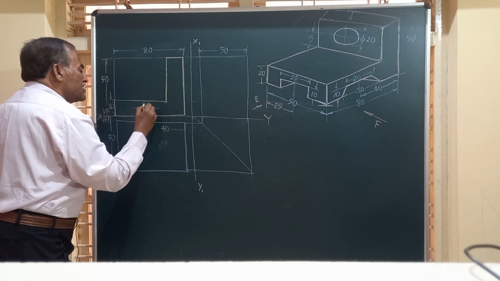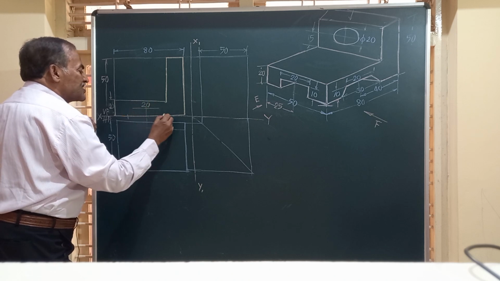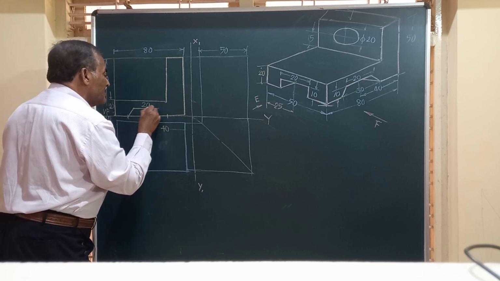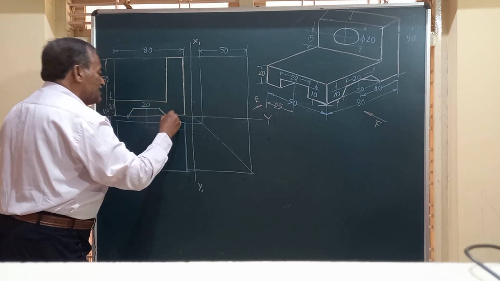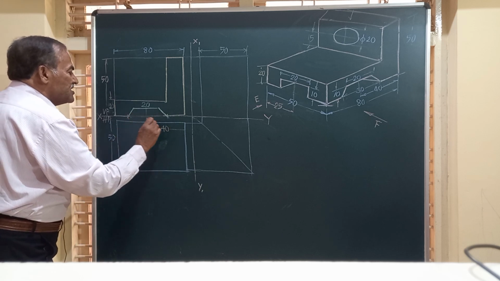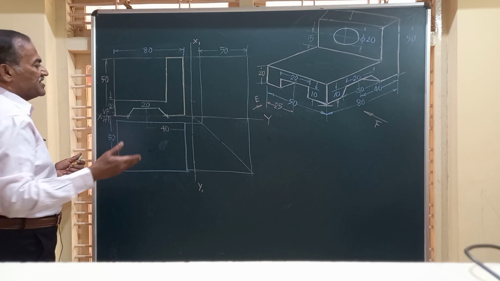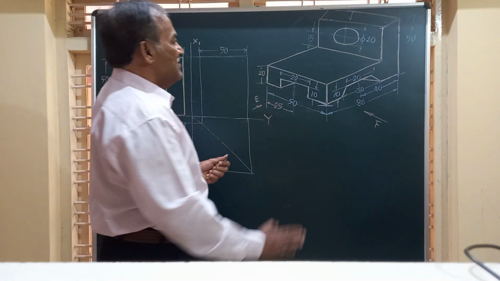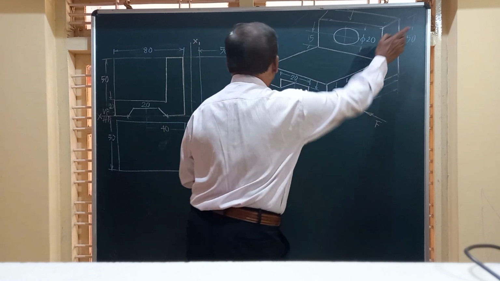This is 20 mm and here it is 30, which means you have to take 30 mm, 15 millimeter on either side. Friends, this line here will not exist. That can be shown by a very thin line because that slot is there throughout the depth. I have drawn this L shape.